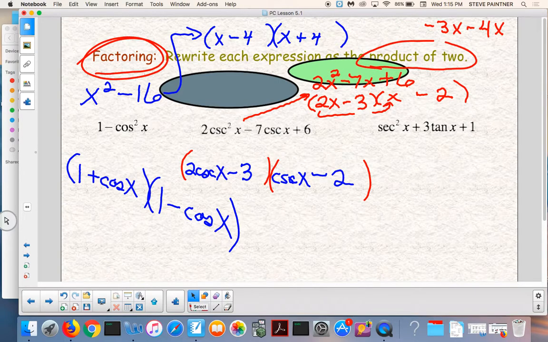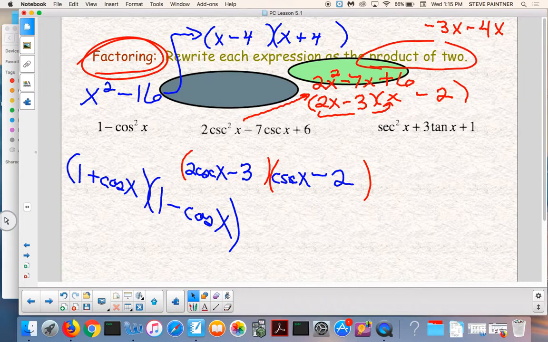But before we go, we probably should talk, right? What's wrong? You guys have to look at that and say, how am I going to factor something that's got a secant in it and a tangent in it? This is going to be kind of hard. You've got to get them all the same. Who knows what I should do?